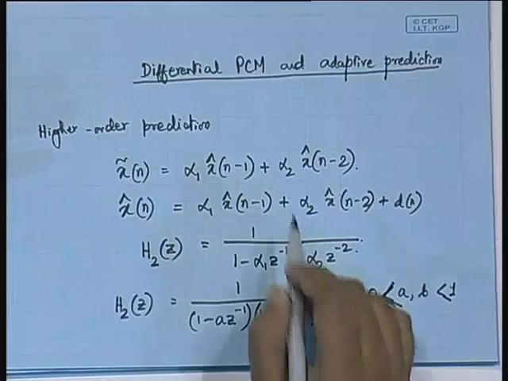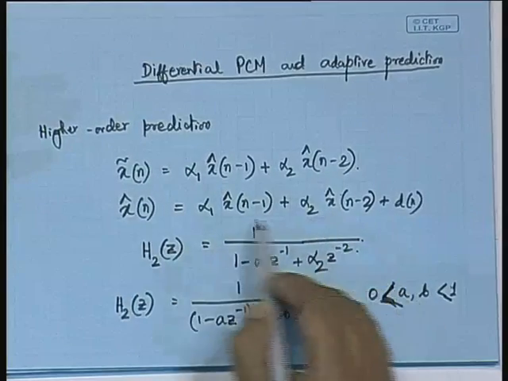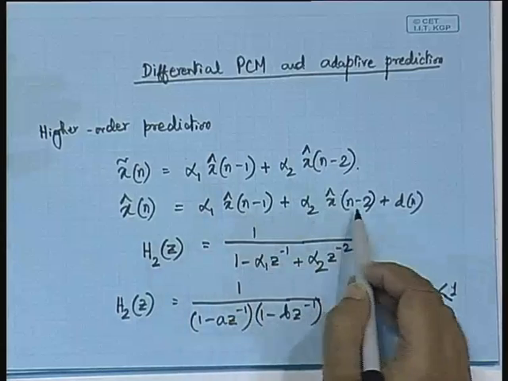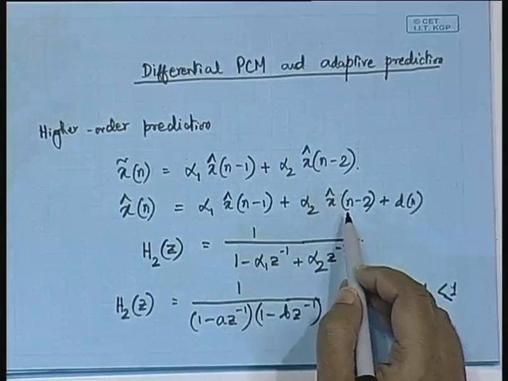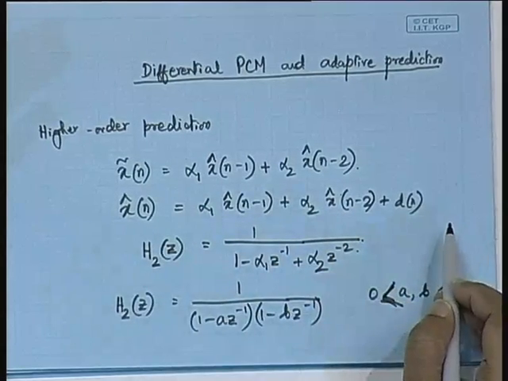In this case you can see that x cap of n is based on x cap of n minus 1, n minus 2. A third order prediction would have meant that we would have x cap of n minus 3 even.